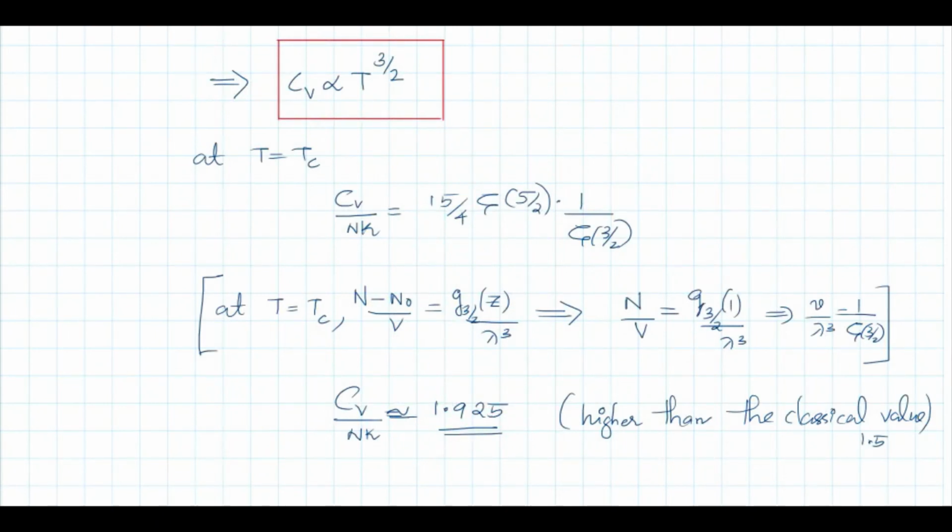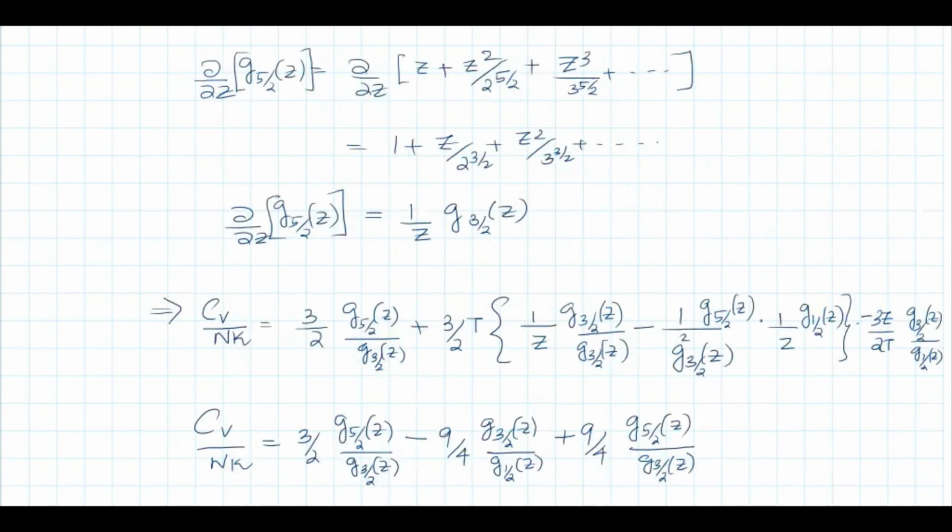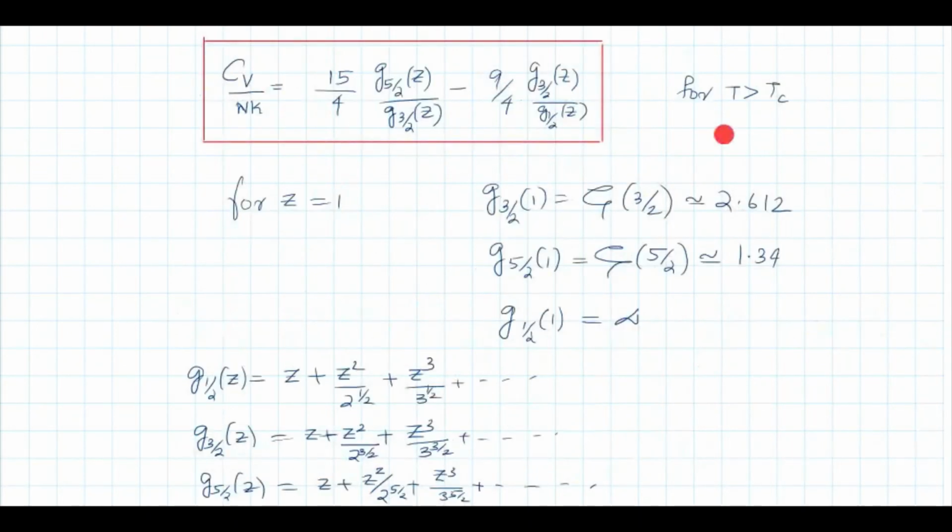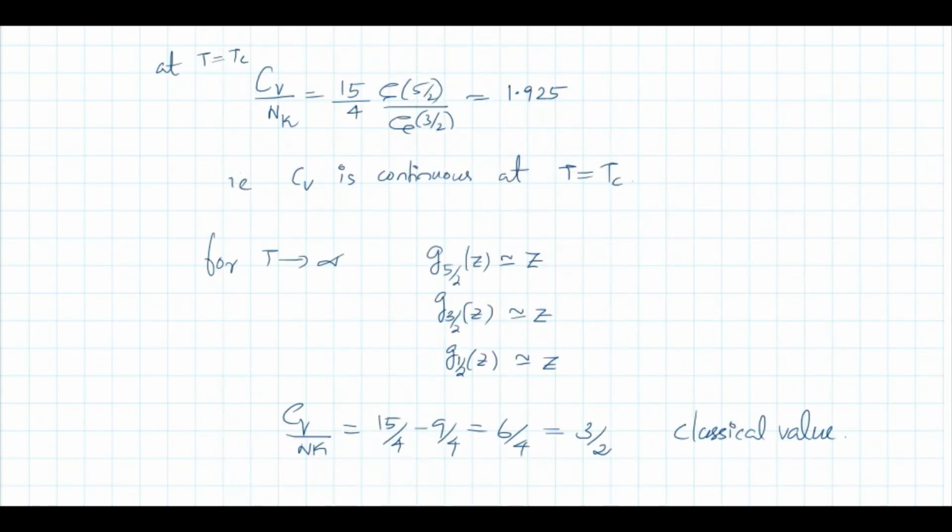So if you find the value of Cv/Nk at T equal to Tc, it will be exactly the value obtained earlier. That means the graph of Cv/Nk is continuous at T equal to Tc. When you calculate Cv/Nk from the upper bound and from the lower limit, both will result in the same value. Okay, so you can say that Cv/Nk is continuous at T equal to Tc.